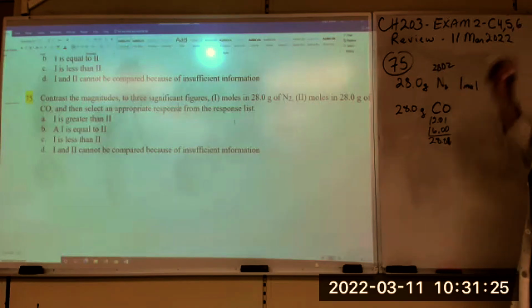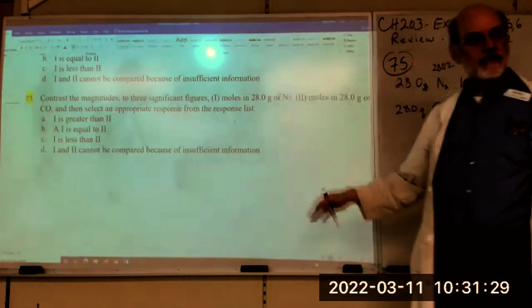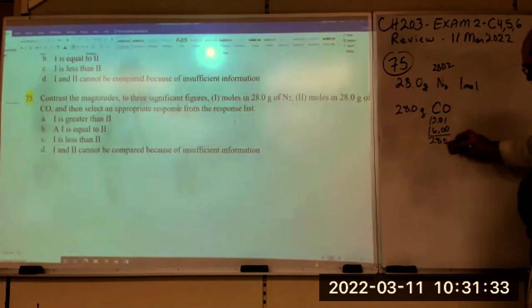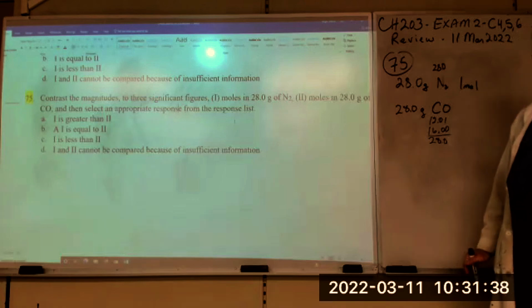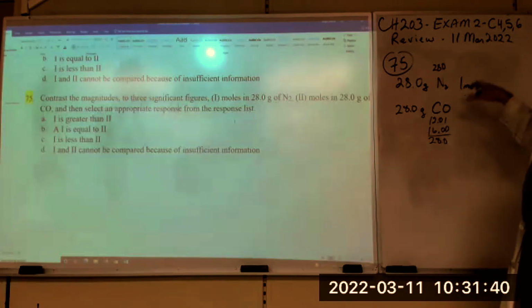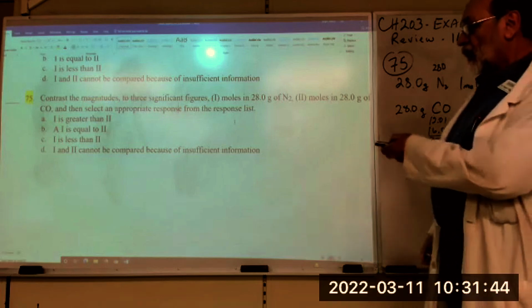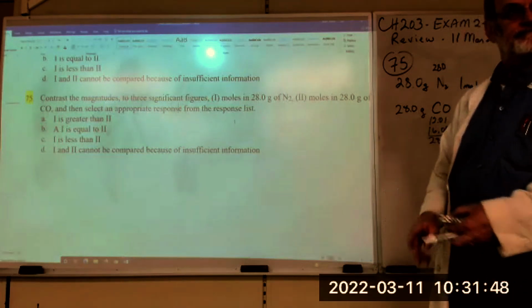But if we're rounding off to 1 decimal place, then yeah, they would be equal. Just chop this off, chop that off. So 28 grams of each is the same number of moles of each one. So that's why B is the answer. 1 is equal to 2.